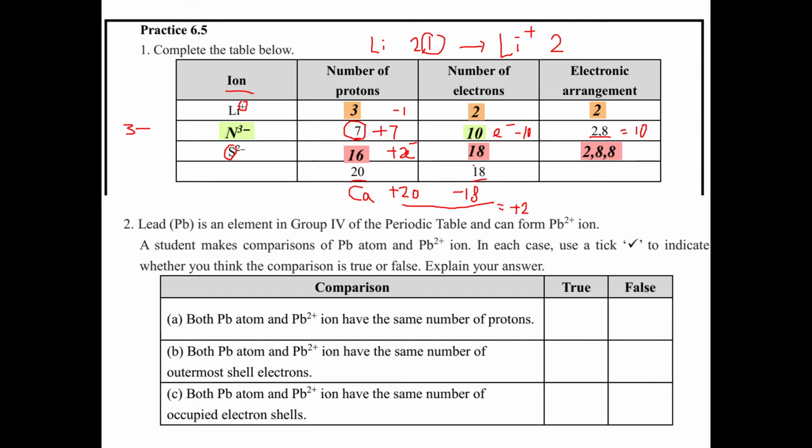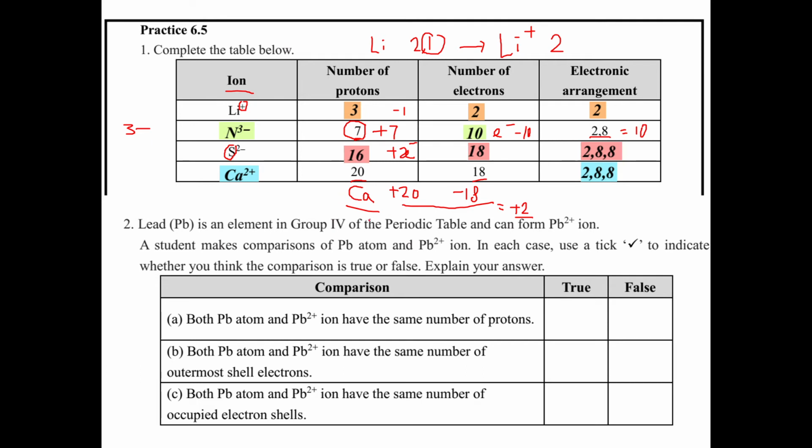Now try to arrange the electrons into different electron shells, or we say the electronic arrangement. It should be 2, 8, and 8 again. And then the symbol for calcium with positive 2. We write 2 plus on the top right-hand side, so it should be Ca2 plus for the ion representation.